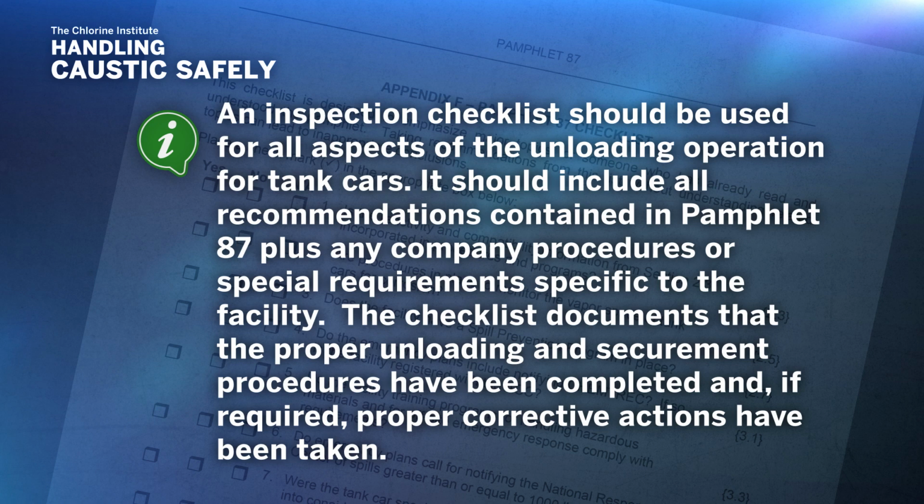An inspection checklist should be used for all aspects of the unloading operation for tank cars. It should include all recommendations contained in Pamphlet 87, plus any company procedures or special requirements specific to the facility. The checklist documents that the proper unloading and securement procedures have been completed, and if required, proper corrective actions have been taken.